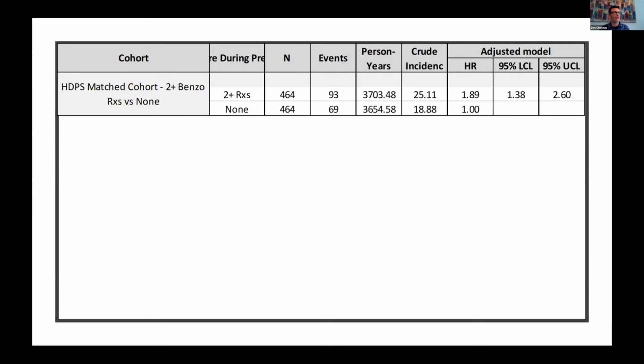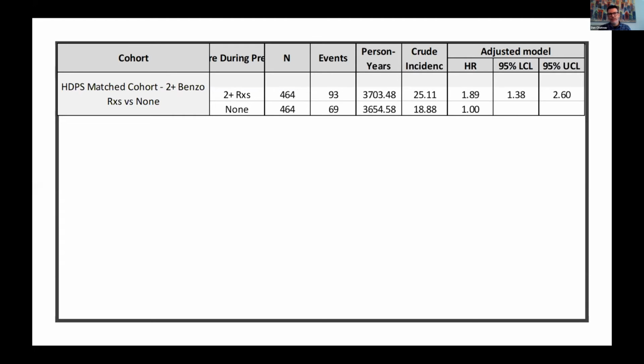It's about 7% though in Manitoba. We ended up with 25% in our exposed group, 18% in our unexposed group, and a hazard ratio of about 1.9, which was significant. And remember, this was after the match and then also adjusting for the mother's history of ADHD and the birth outcomes. So it seemed fairly strong.